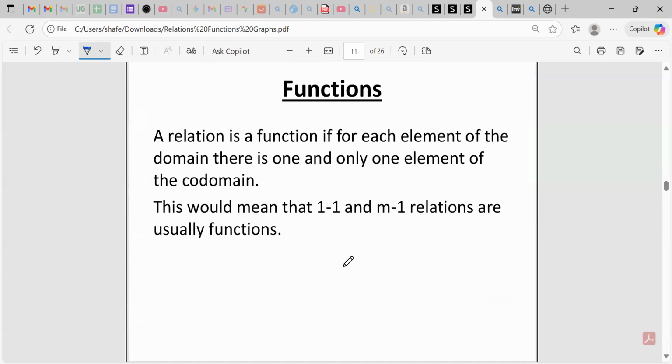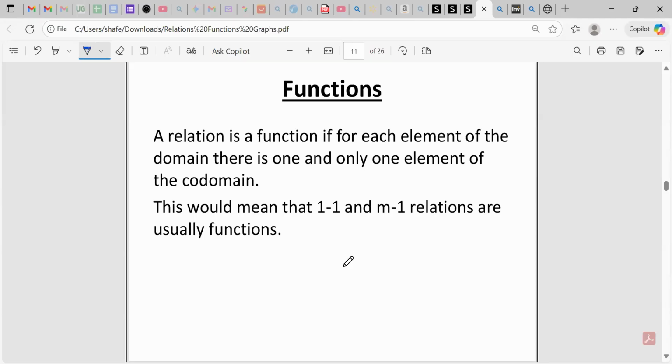When you look at it, it might be difficult for you to grasp until you see examples. It says here that a relation is a function if for each element of the domain, there is one and only one element of the codomain.